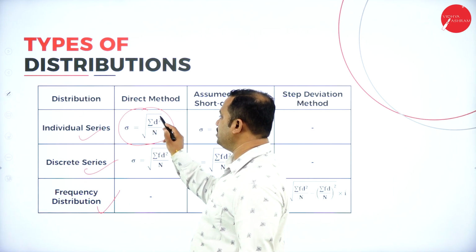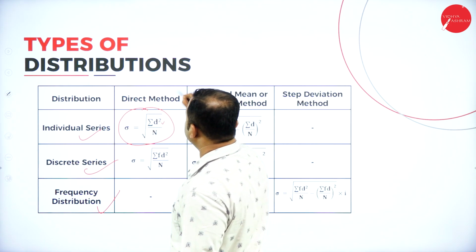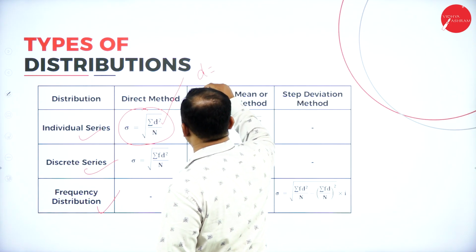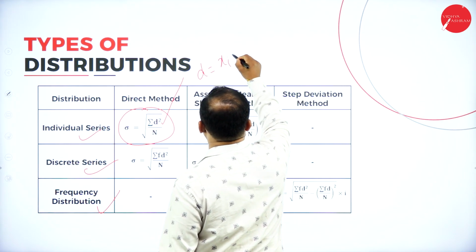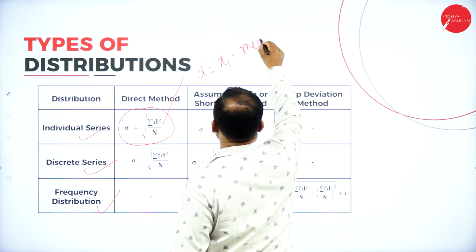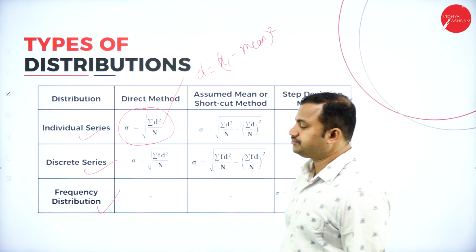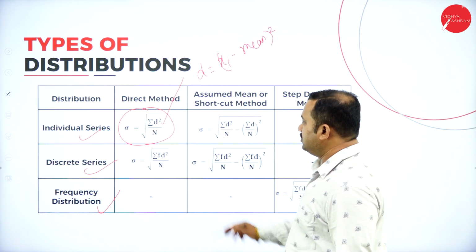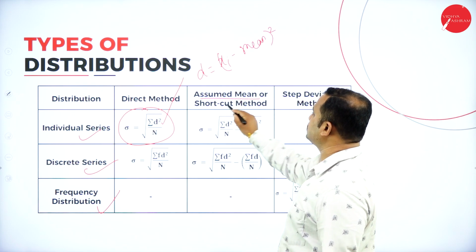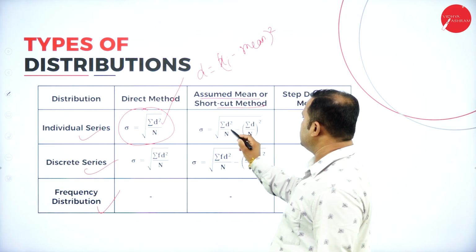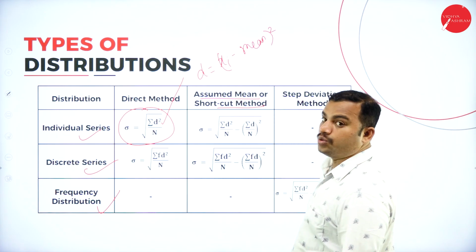Sigma is equal to the square root of summation d square by n, where d is equal to xi minus mean, and we square that. Then similarly, for individual series, the assumed mean method, also called the shortcut method, is the square root of summation d square by n minus summation d by n whole square.